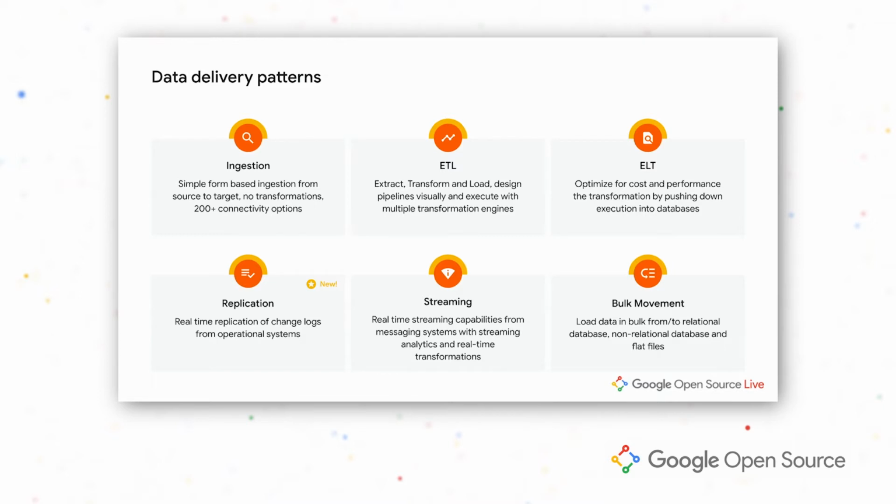Sometimes you are transforming the data in the system where the data is being extracted. Sometimes you are actually pushing down these transformation capabilities to the underlying data management systems or the target systems to optimize for cost and performance. And you also need a visual mechanism to actually do this.